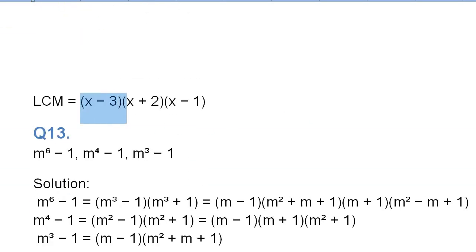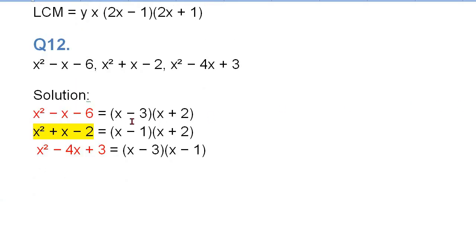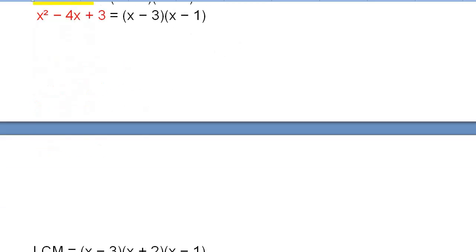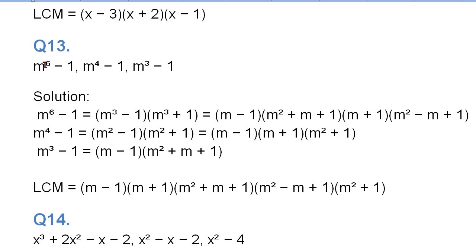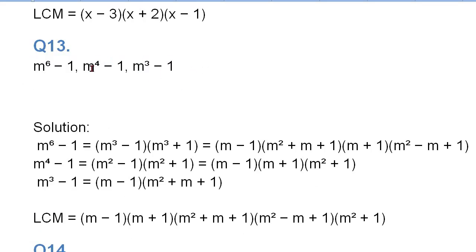Remember that if x minus 3 is here and x minus 3 is here, you take it one time, x plus 2 one time, and x minus 1 also one time. If there is a common factor between two, you can take it one time. Now again question number 3: m power 6, and again we will use the difference of squares formula, a square minus b square.